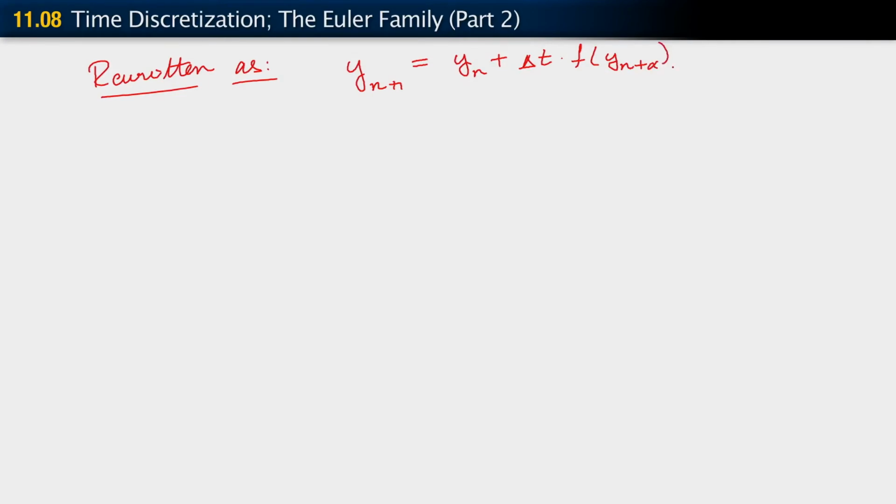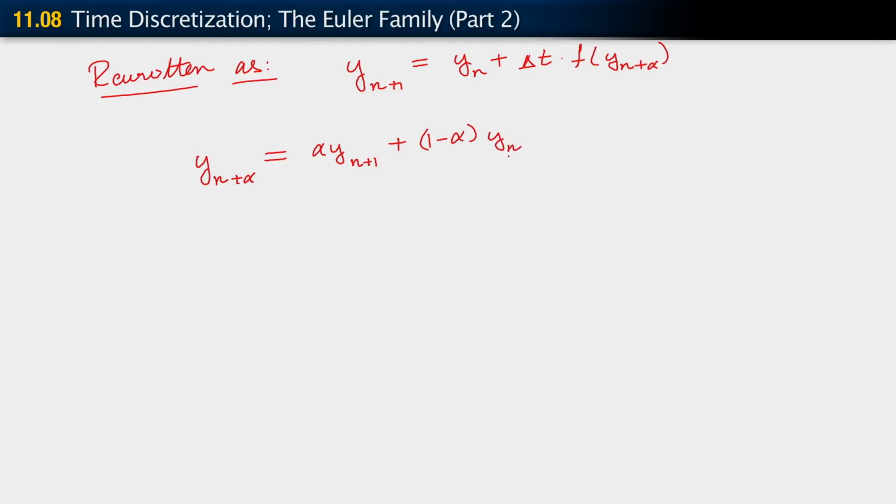Now, in order to complete this description, I need to tell you what yn plus alpha is. Yn plus alpha is constructed simply as a linear interpolation between values at alpha equals 0 and alpha equals 1. That tells you that you construct it as alpha times yn plus 1 plus 1 minus alpha times yn.